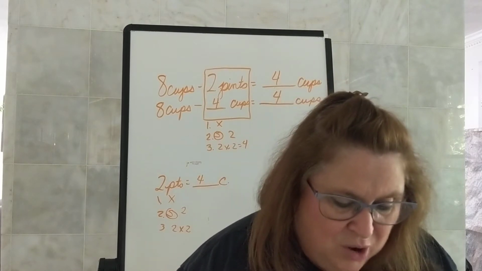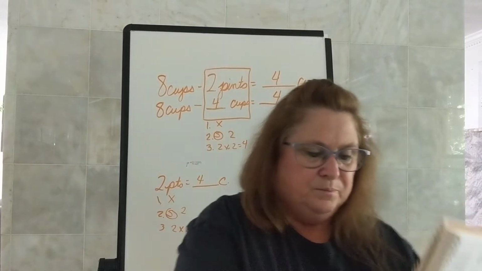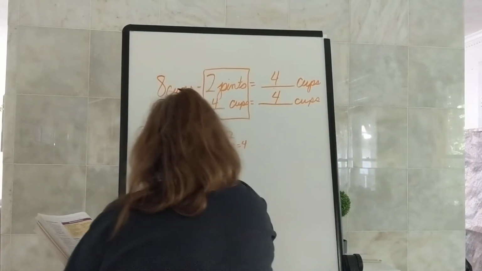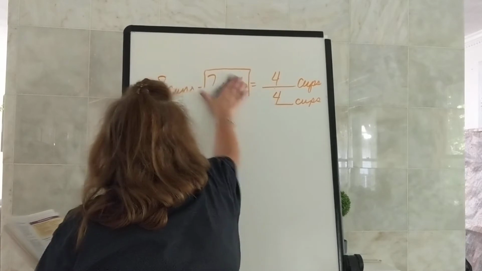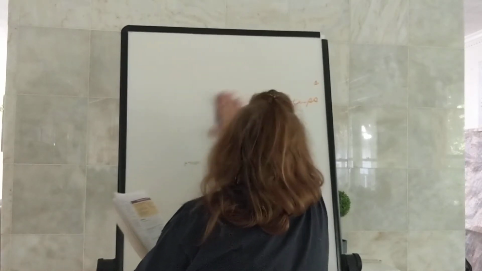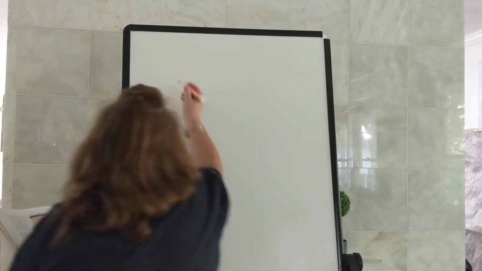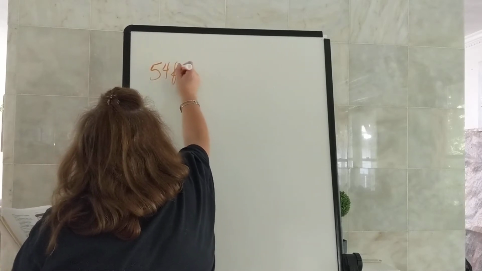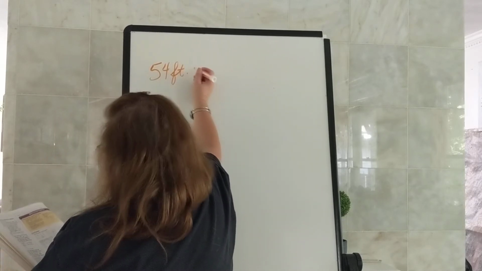All right? So go ahead and look at section 2. On section 2, we're going to do this together. All right, so we have 54 feet. I'll give you time to write this.